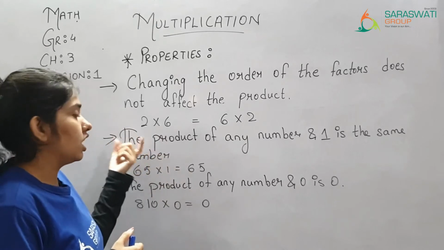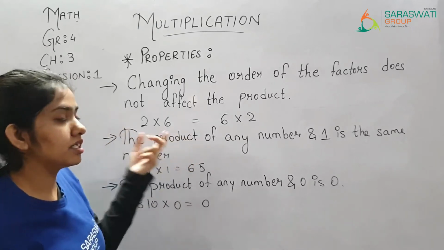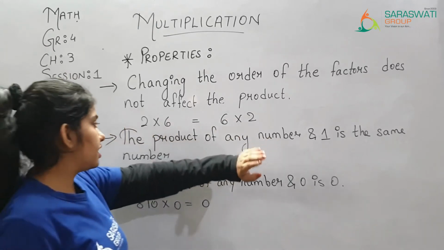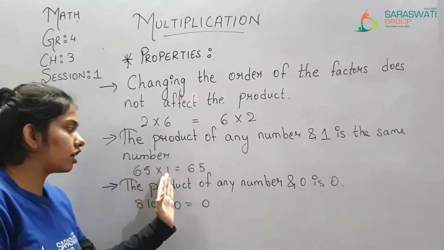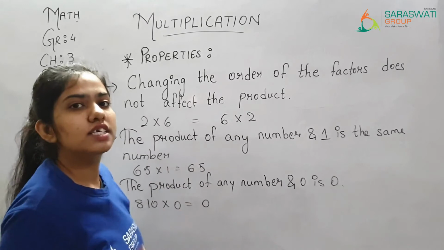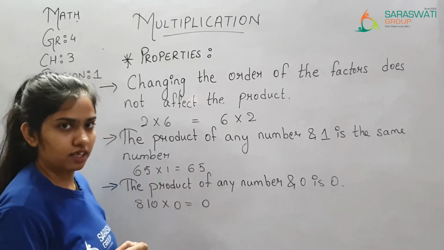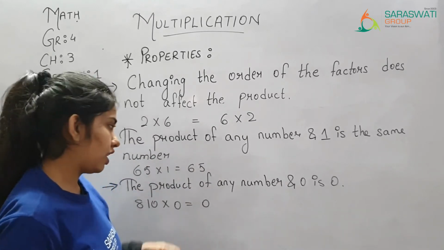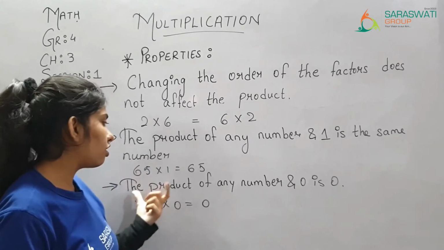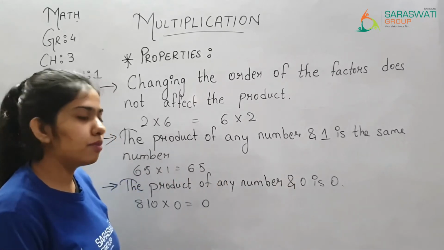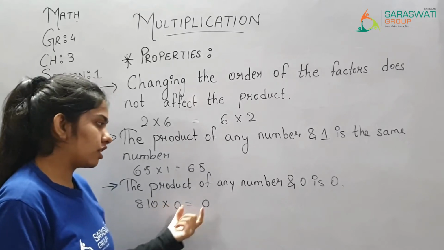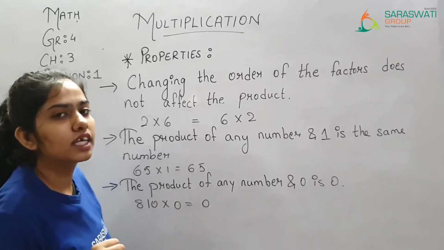In the same way, the second property: the product of any number and 1 is the same number. If you multiply any number with 1, the answer will remain the same. And the third property is the product of any number and 0 is 0. If you multiply any number with 0, your product will be 0 only.